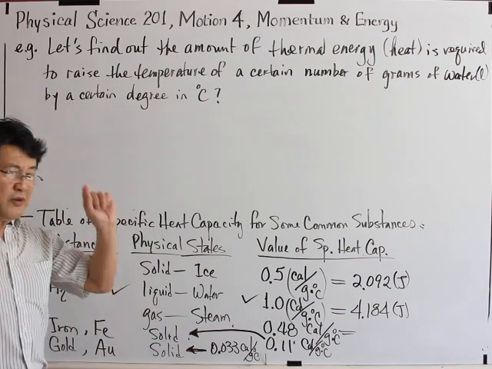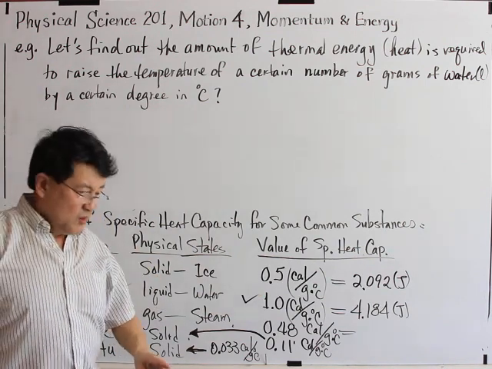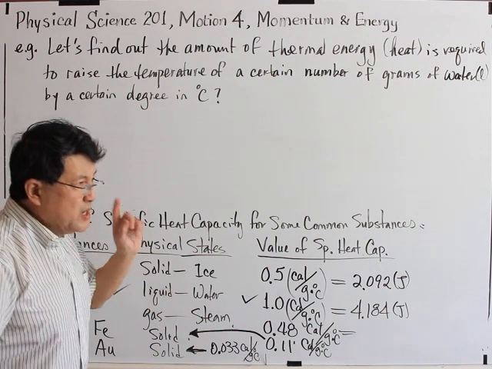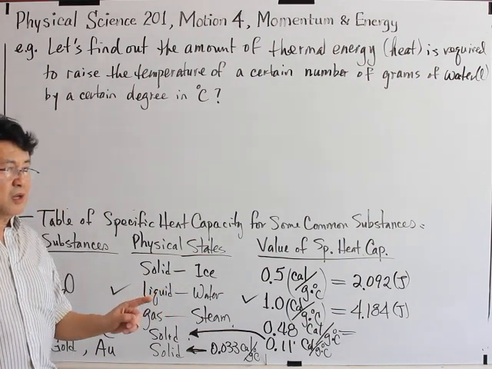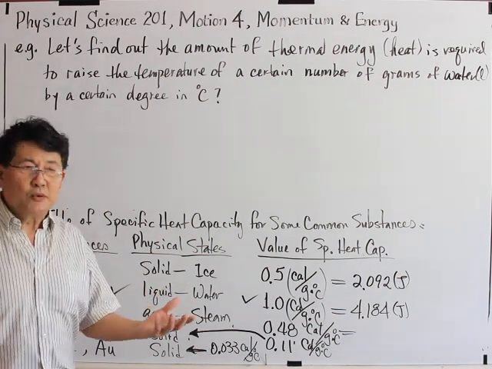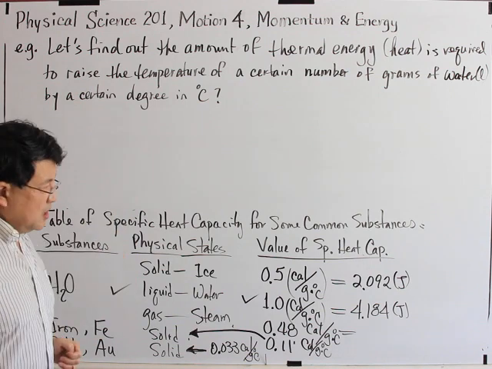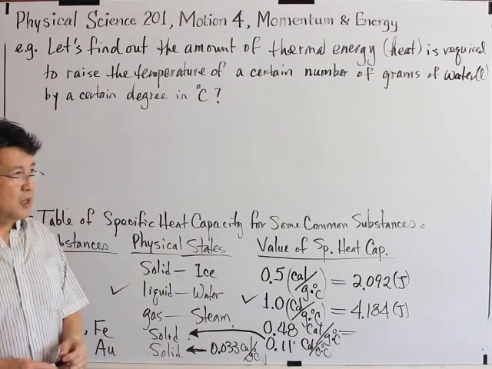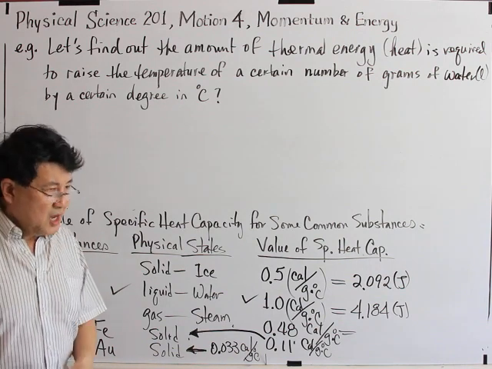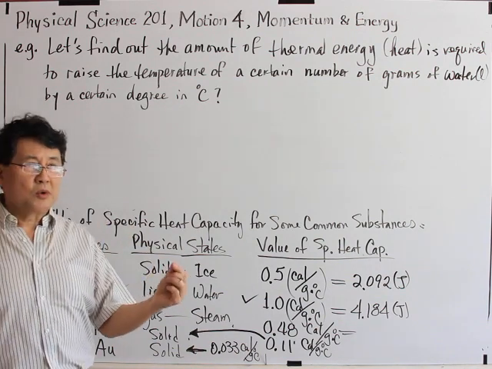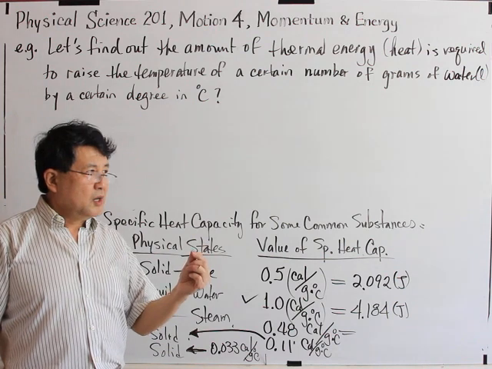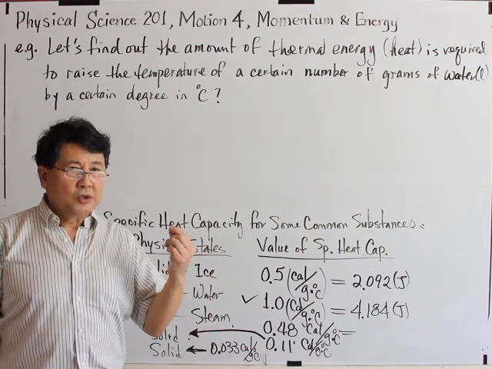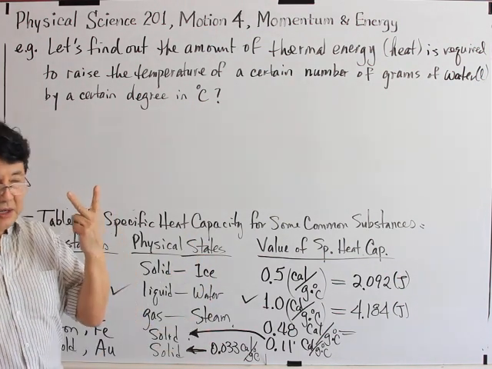Means what? If we have 1 gram water, we want to raise temperature by 1 degree, how many calories do we need? 1 calorie, correct? Now let's go to second set of numbers. If we raise 1 gram water by 2 degrees, how many calories? 2 calories, correct?